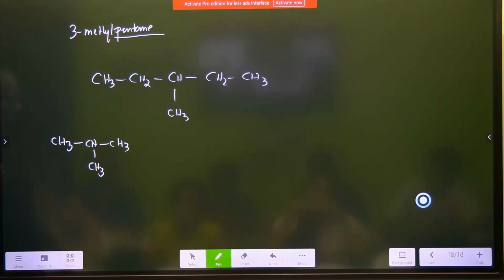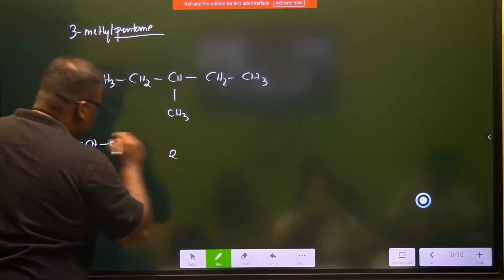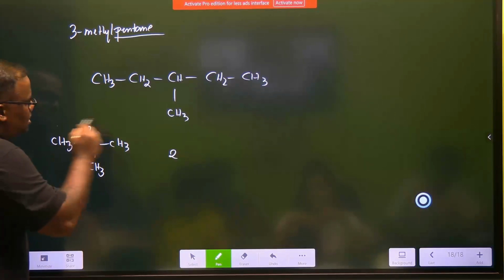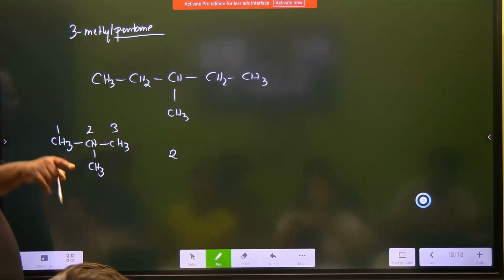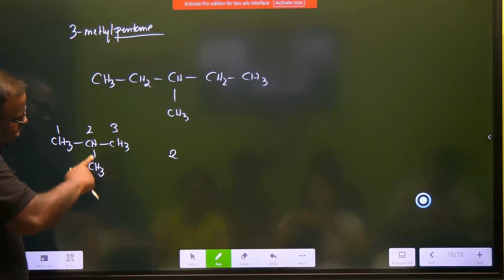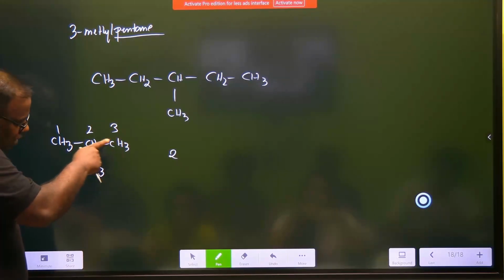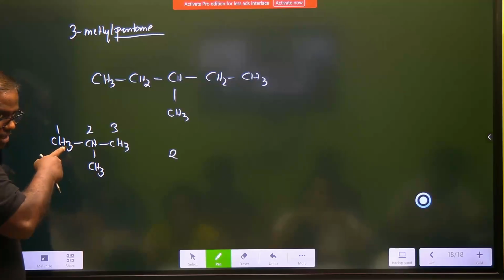In 3 carbons, whichever way you go, the middle carbon will always get the 2 number. So branching is happening at 2. This is 2. At 2, whom did you attach? We are considering this as our chain. But Ananya says, no sir, my chain is this. Still at 2, whom did you attach? Tegvi says, my chain is this. Still you attach methyl.